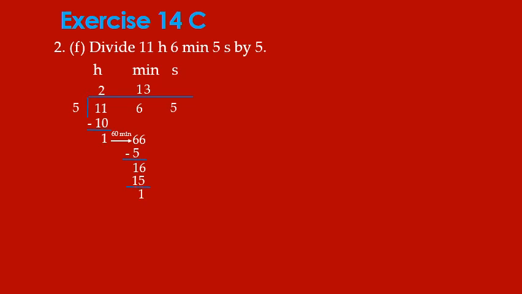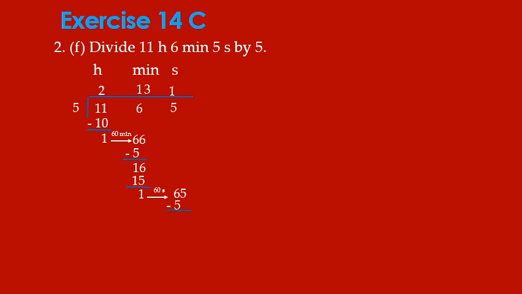And now this remainder, which is 1 minute, will be converted to seconds. So 1 minute is equal to 60 seconds. And now we will bring down 5 seconds and add it to 60 seconds, which will make it 65 seconds. And now we will divide 65 seconds by 5. 5 ones are 5.